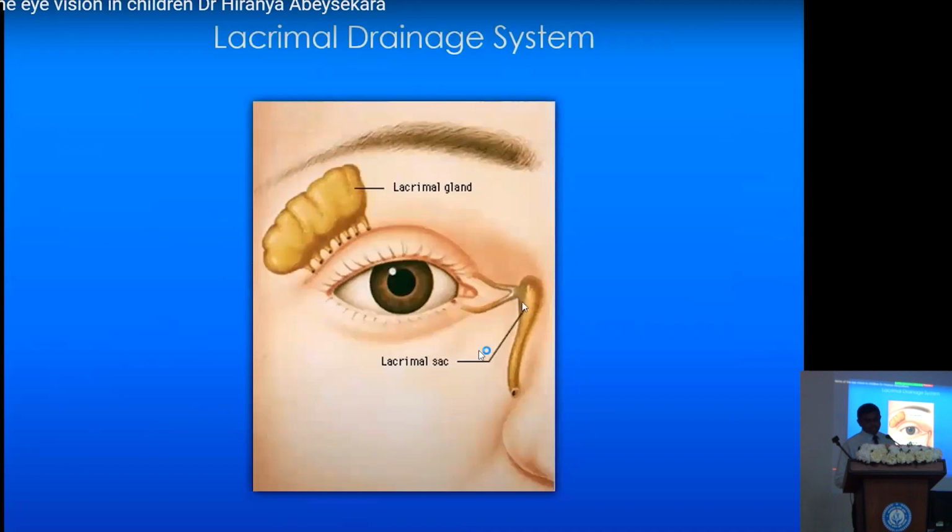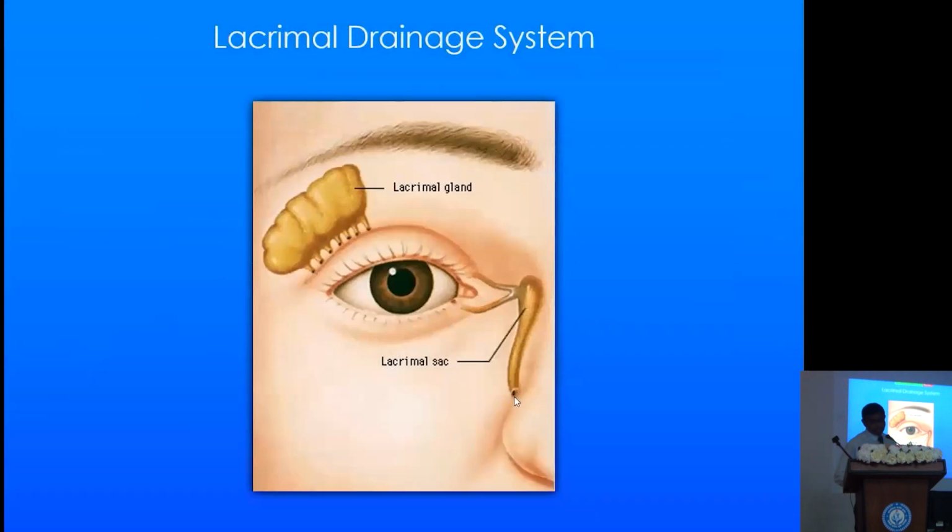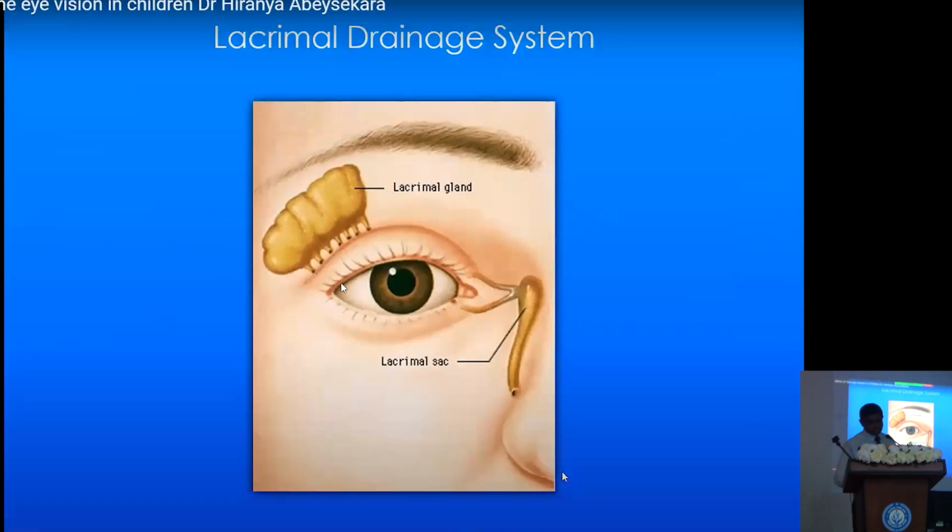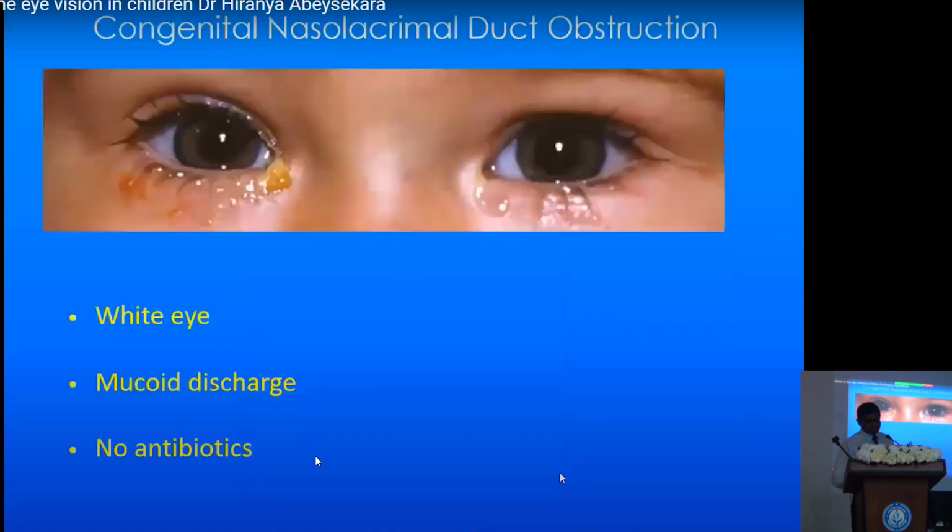So the lacrimal system is important because you will see lots and lots of kids coming with tearing. Watery eye with or without discharge in an infant like this. So again, you can see the eye is white. Okay, there is a discharge. It's not purulent.